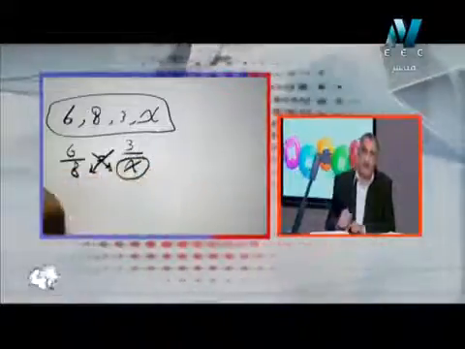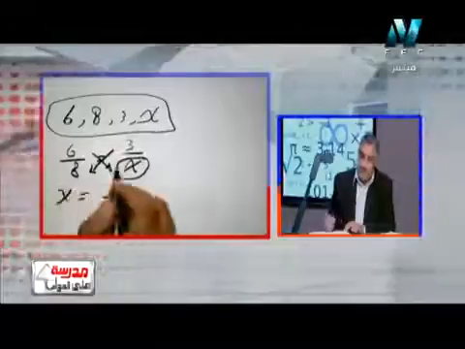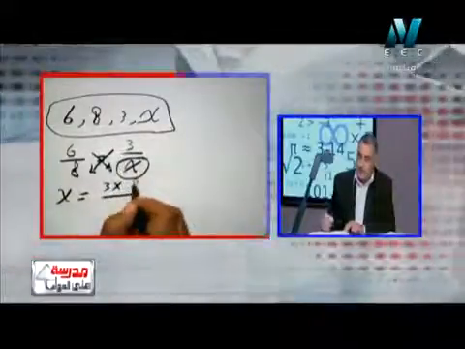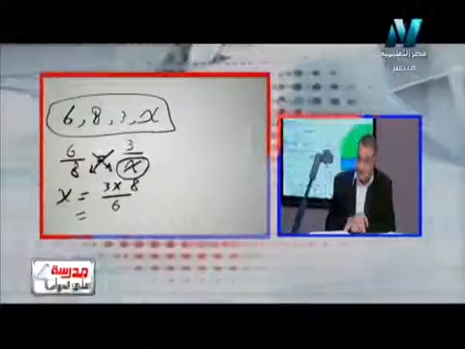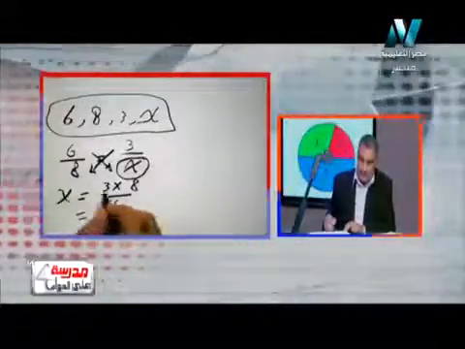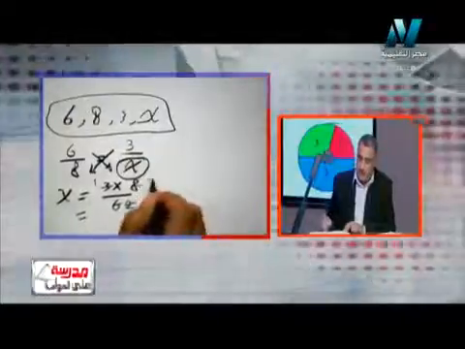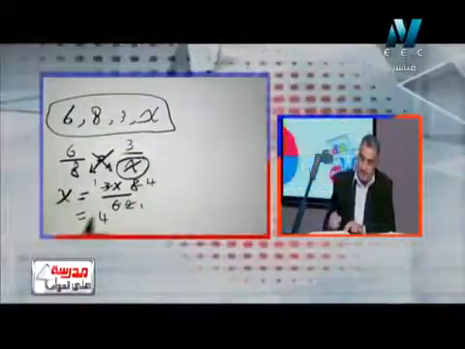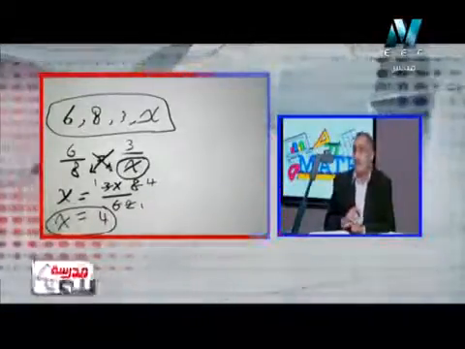The same idea, cross multiply. x equals what? Very good, 3 times 8 over 6. You can use your calculator to get the result, or we can simplify. Divide 3 by 3 equals 1, divide 6 by 3 equals 2, divide 8 by 2 equals 4. It's so easy to get the result. x equals 4.